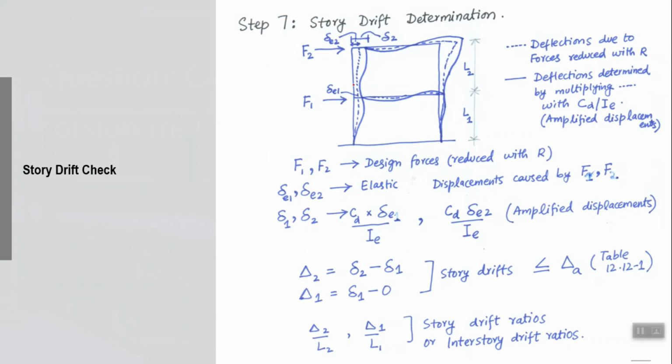The dotted line is actually the deformed shape of this frame under the reduced forces, design level forces. Elastic forces reduced by the R factor already, and when you apply reduced forces you will get this dotted line deformed shape. But you know from the preceding discussion that this dotted line deformed shape doesn't correspond to the actual deformation which the design earthquake is going to produce, right.